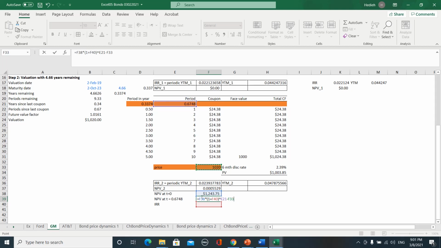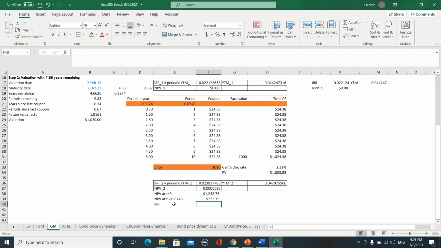So if I find a discount rate that sets this equation equal to 0, it means that I found a discount rate that sets the present value of all the cash flows of the bond at time 0.67 equal to the price at time 0.67. So in fact, that's the yield to maturity. So then click enter.